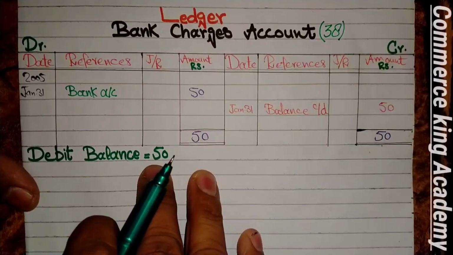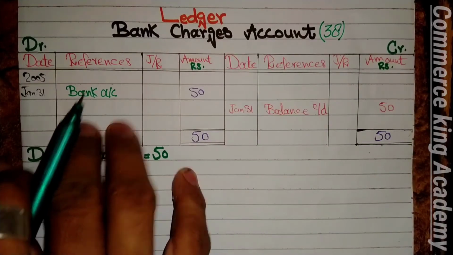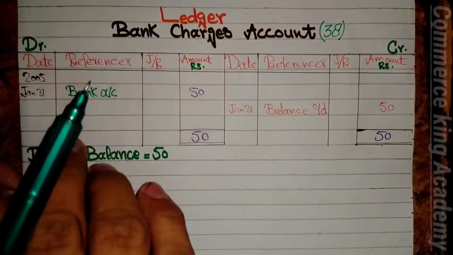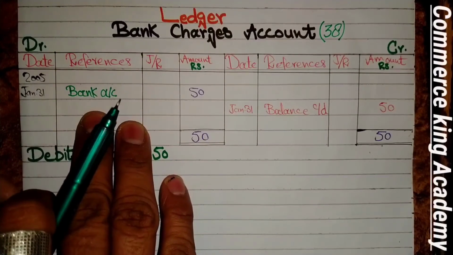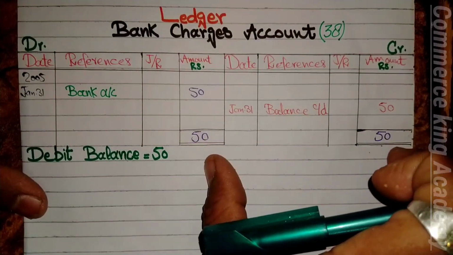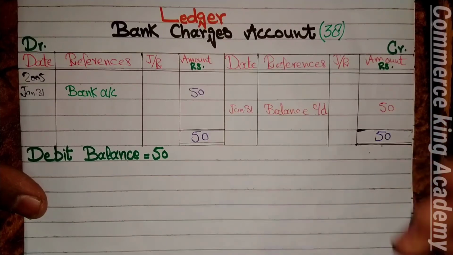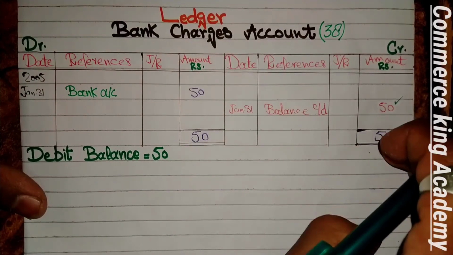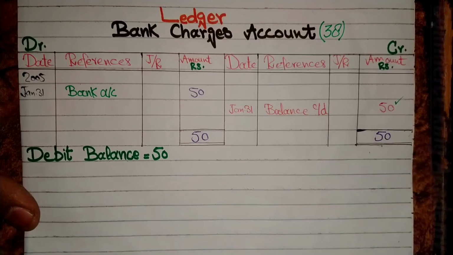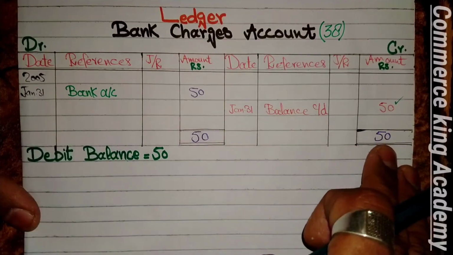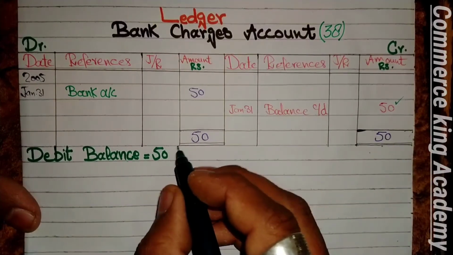When we talk about its entry, the bank charges account is debited by bank account, am I right, with an amount of 50 rupees. We have totals of both sides, 50 and 50, and a total difference of this amount on the credit side. We found the debit side is heavier than the credit side. So ultimately we have a debit balance of the bank charges account of 50.